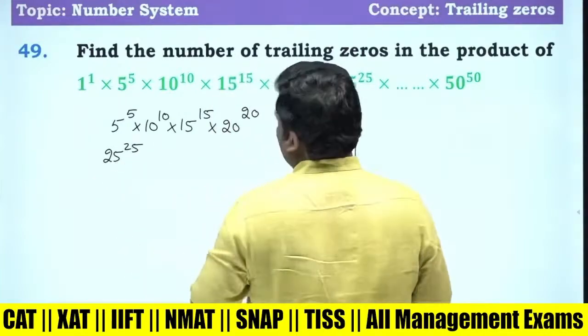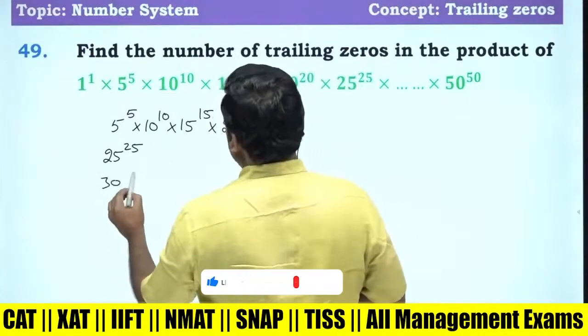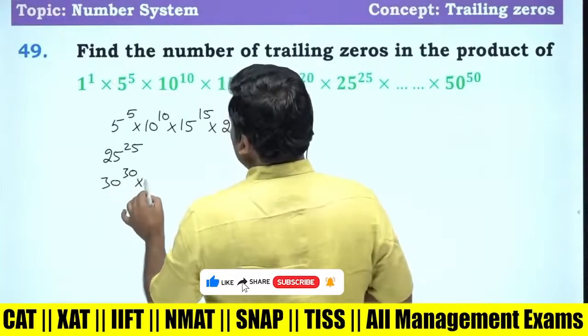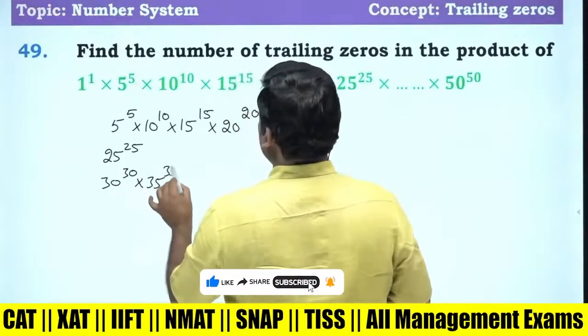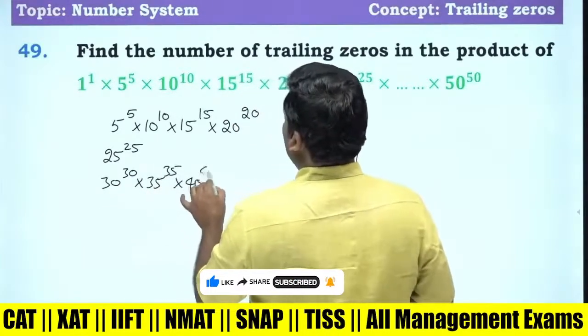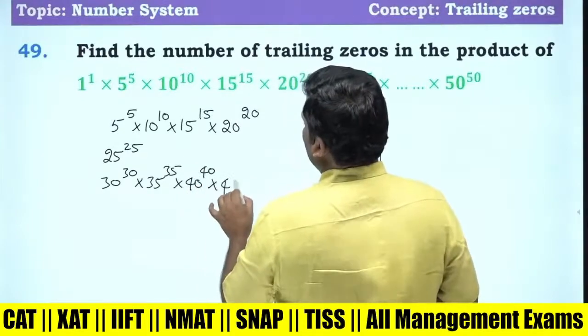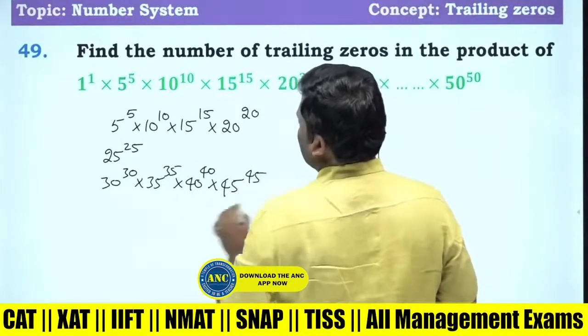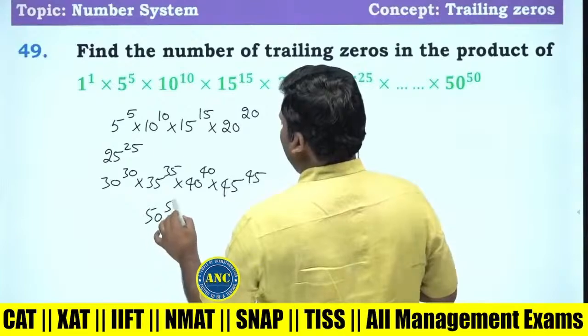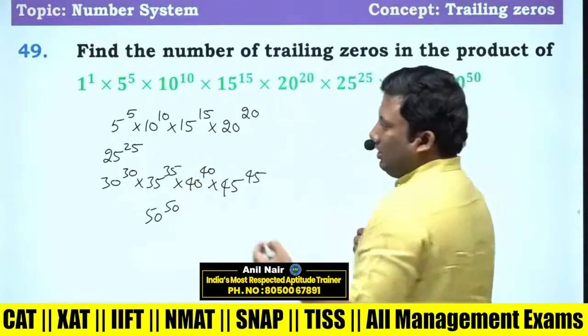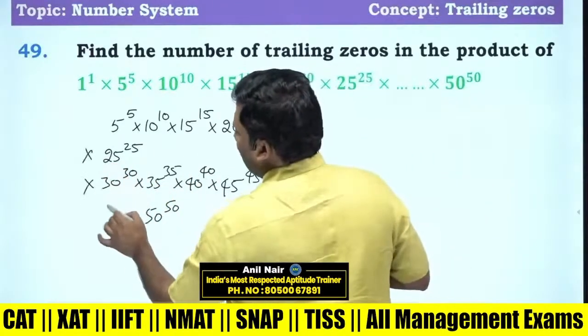Then 30 power 30, 35 power 35, 40 power 40, and 45 power 45. 50 power 50. These are all getting multiplied.